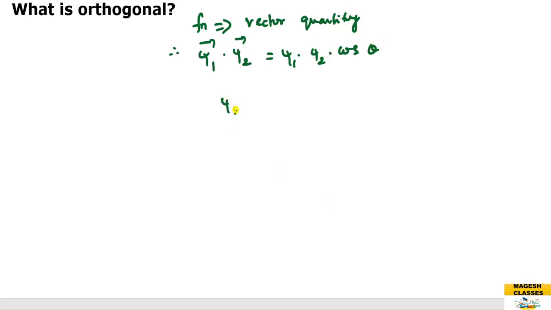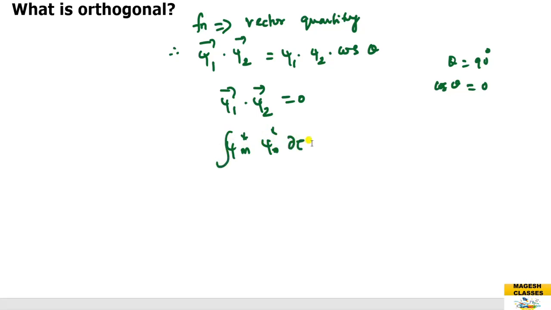The dot product of the wave functions psi1 and psi2 is equal to 0 when theta is equal to 90 degrees, as cos theta is equal to 0. So this is the condition for orthogonality. If two functions are orthogonal, then the integral of psi m star psi n d tau is equal to 0.